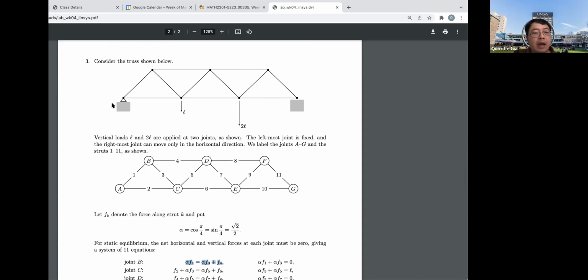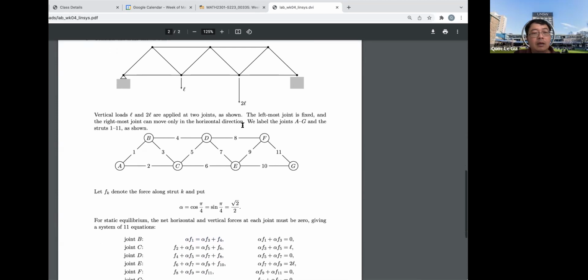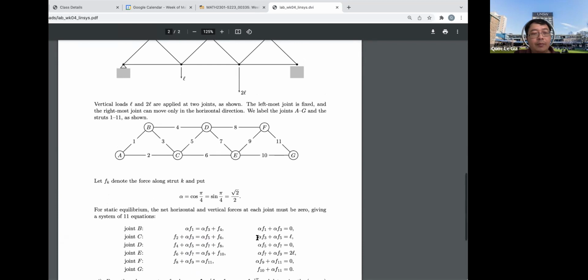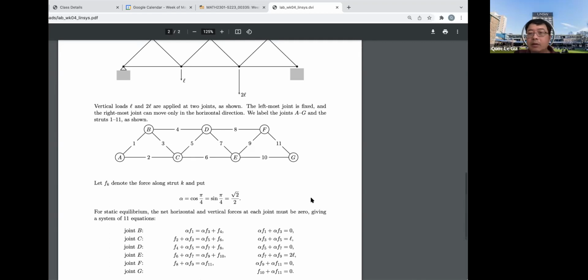You see that joint A is fixed, and joint G is fixed, and then vertical loads are applied here at C and at D. So can you explain it?